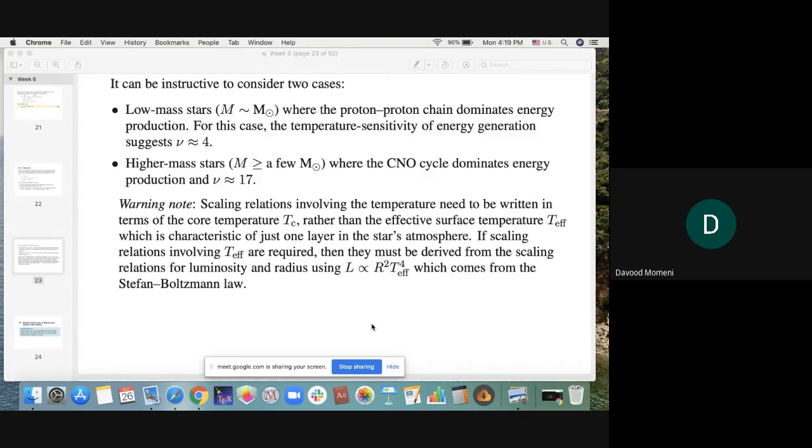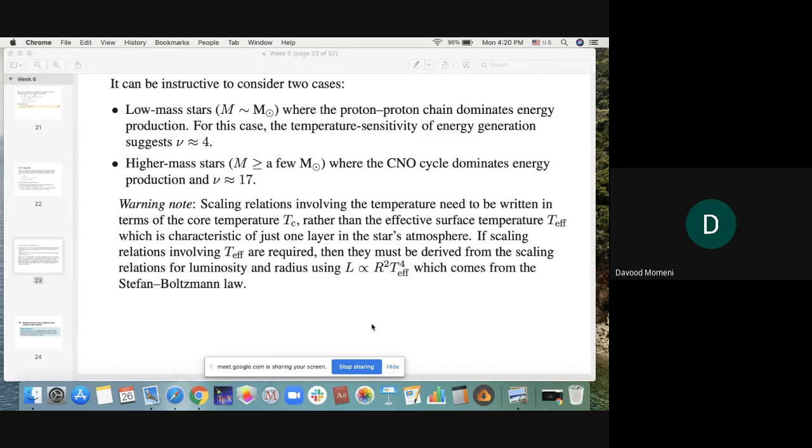For higher mass stars, with mass greater than or equal to the mass of the solar system's star, the energy cycle is CNO, as we discussed in the first chapter, and also as you studied in your previous course, Physics 3901.